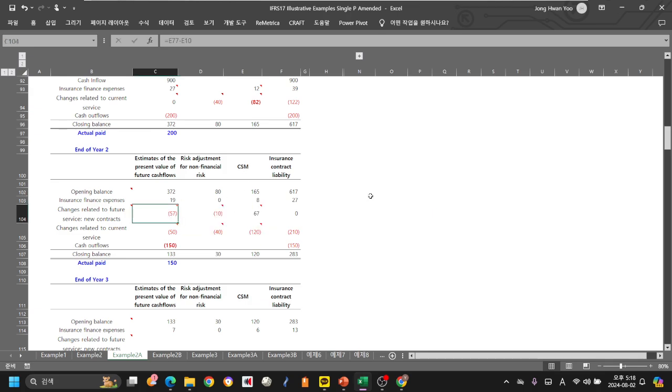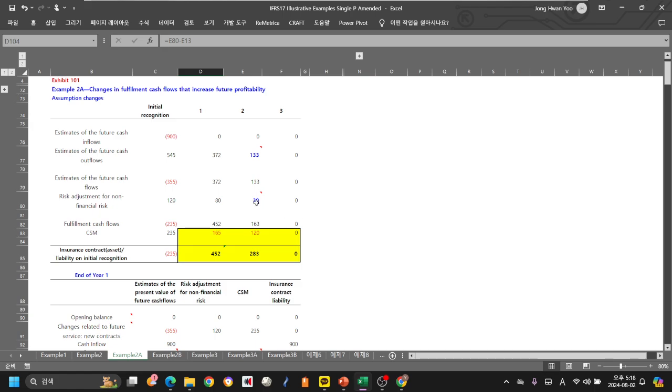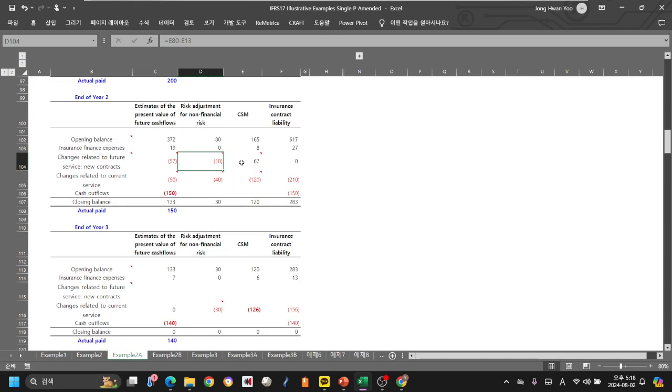That comes to 57 for building blocks 1 and 2. The risk adjustment also changes, let's say 30 instead of 40, so you have 10 less. But this has to be added onto the existing CSM. When this happens, we apply the insurance finance expense on the CSM before, not after.